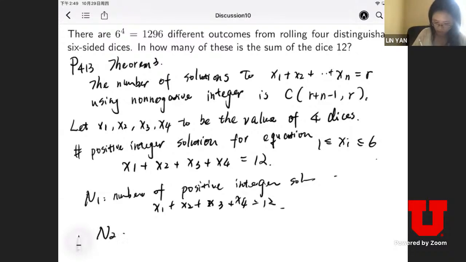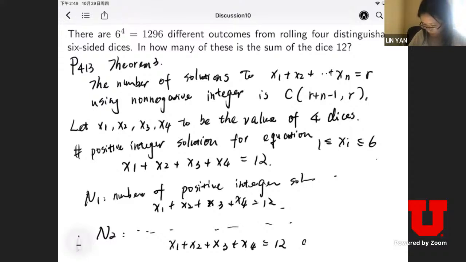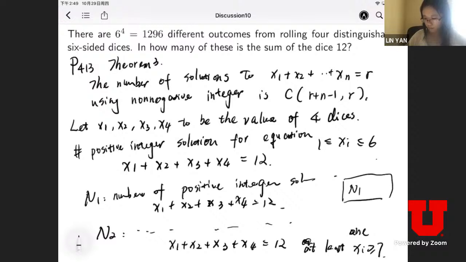And n2 is the number of positive integer solutions to x1 plus x2 plus x3 plus x4 is equal to 12, where at least one xi is larger or equal to 7. So the final answer would be n1 minus n2.